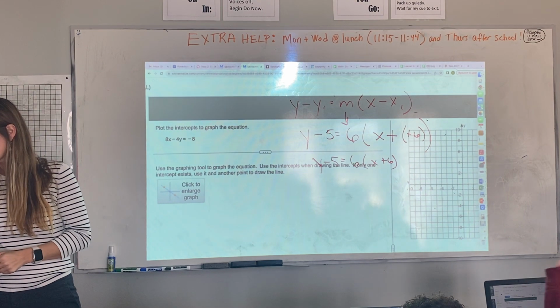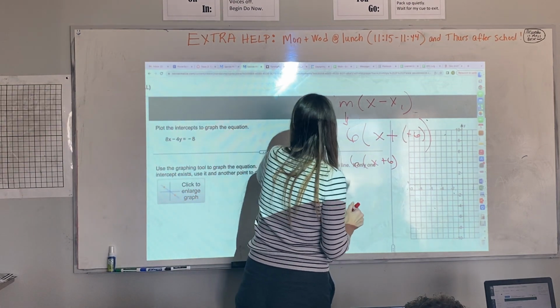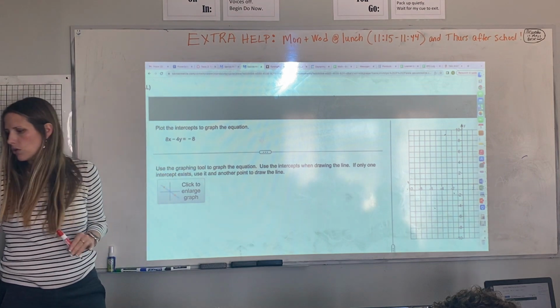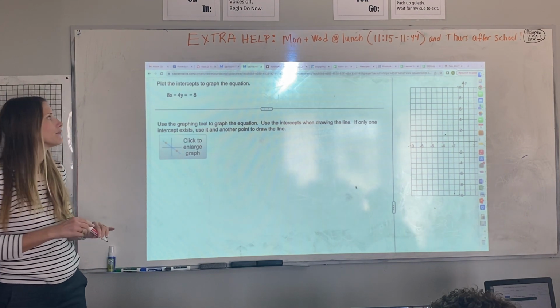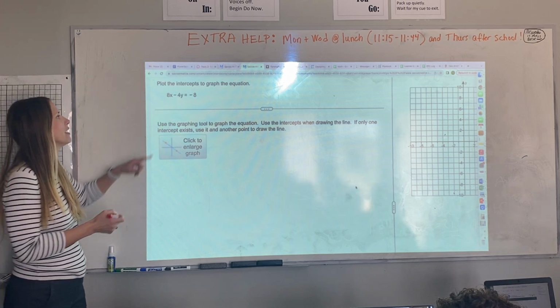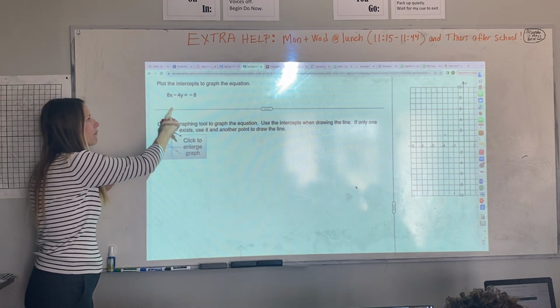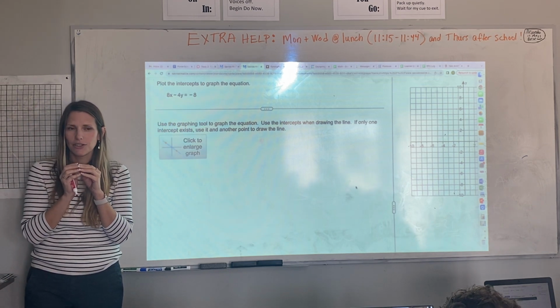All right. So here, what form is this? Standard form, very good. Standard form is perfect to find what?